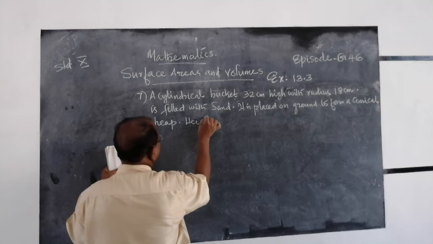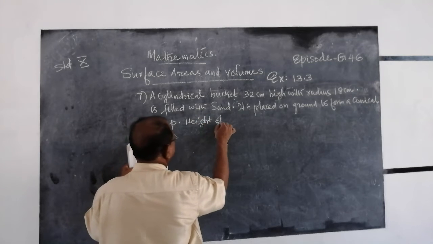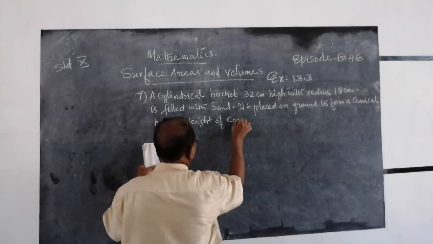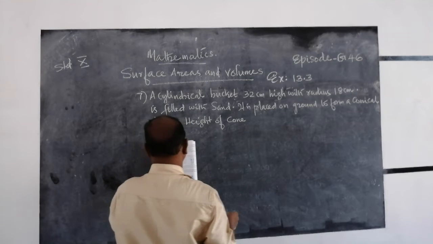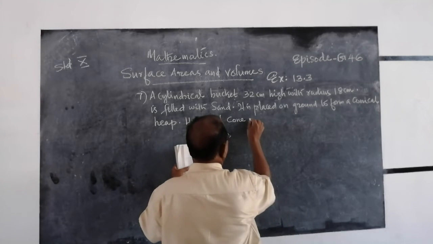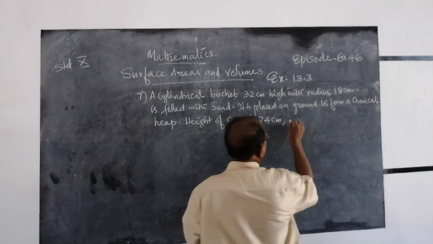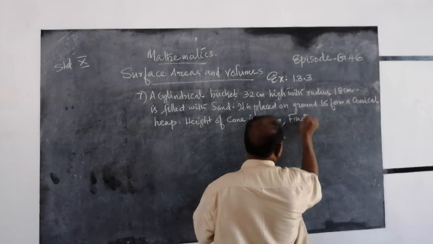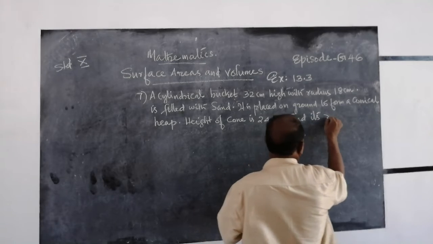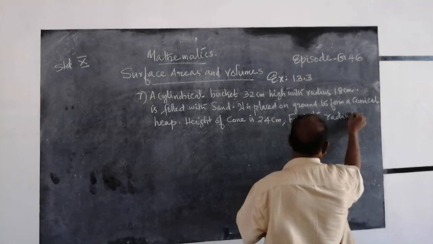Height of cone is 24 centimeter. Find its radius.